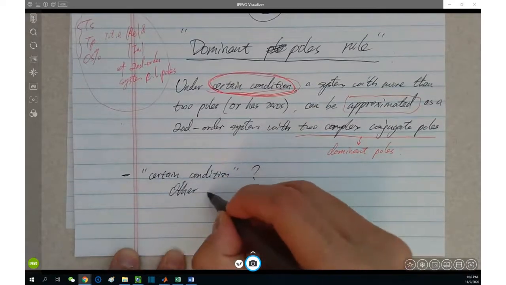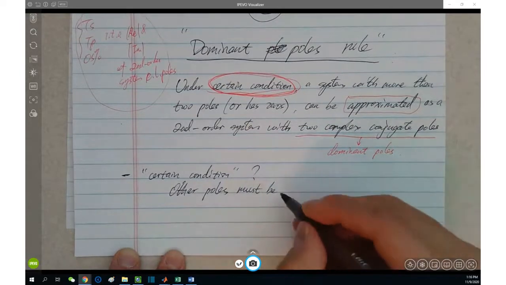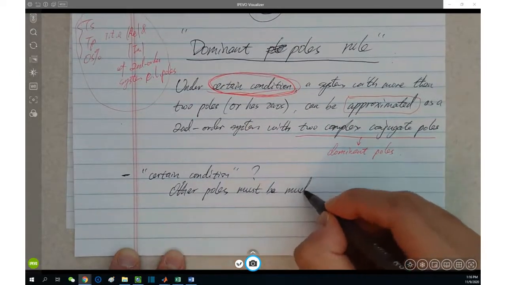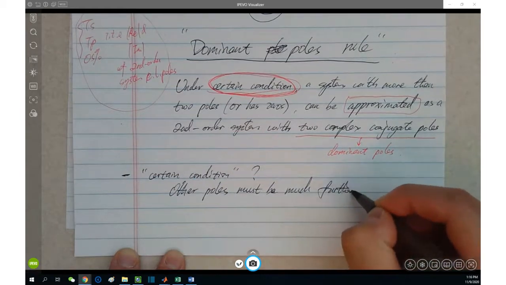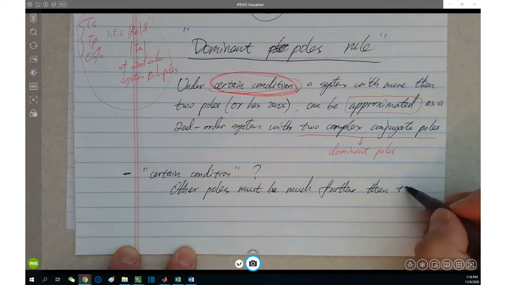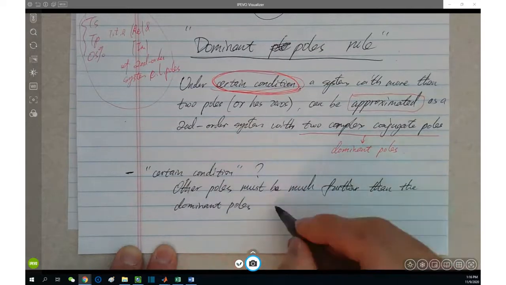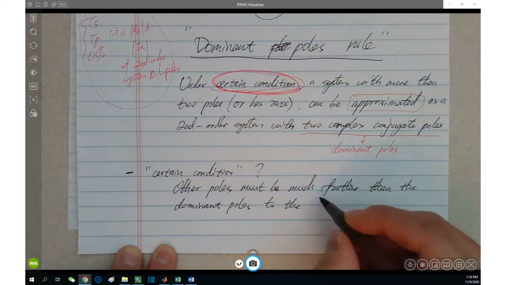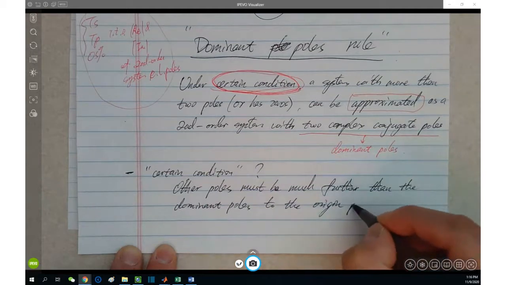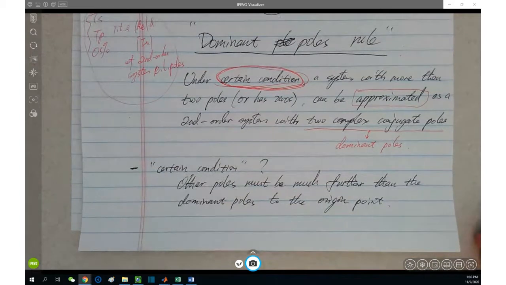Other poles must be much further than the dominant pole to the origin point.